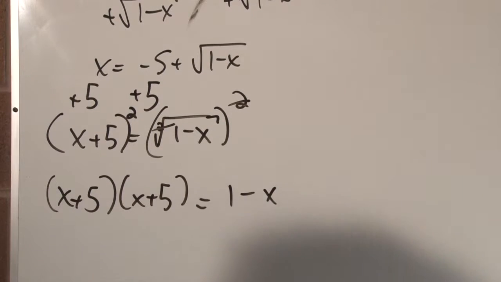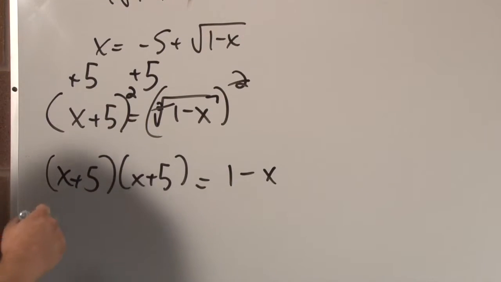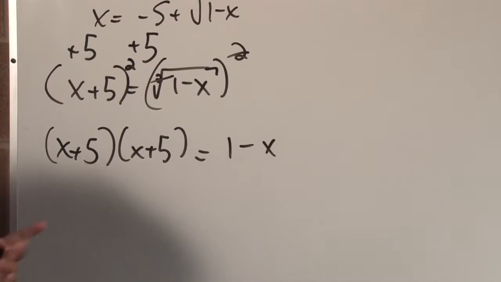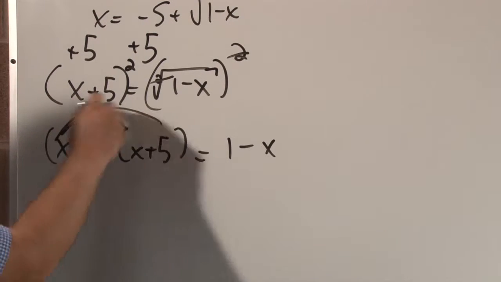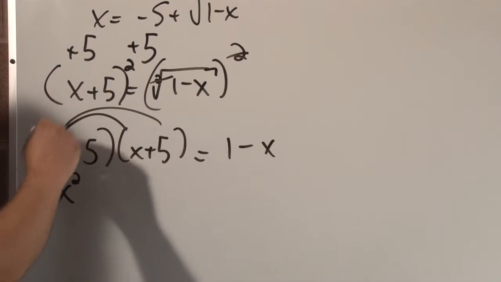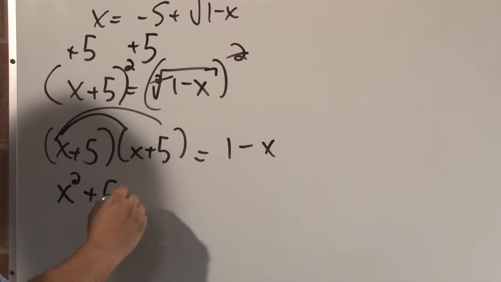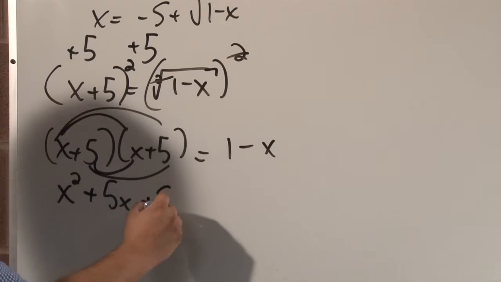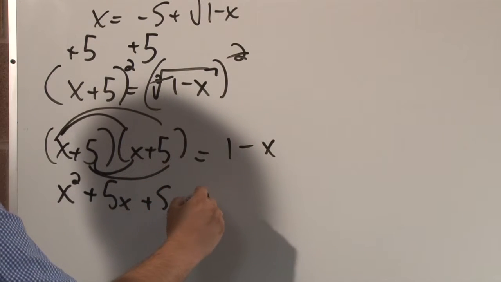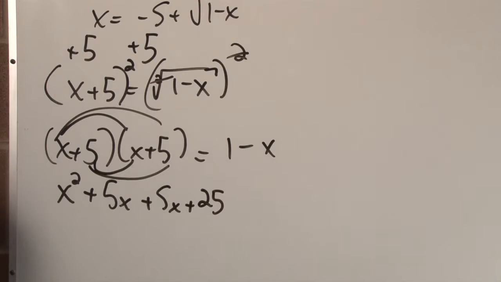So we can use techniques that we've already learned by this point in order to solve this. A lot of us like the term FOIL, right? Got to distribute those through. So x times x is x squared, and x times 5 is 5x. So first, outside, inside, and last. So another 5x and a 25 right there.